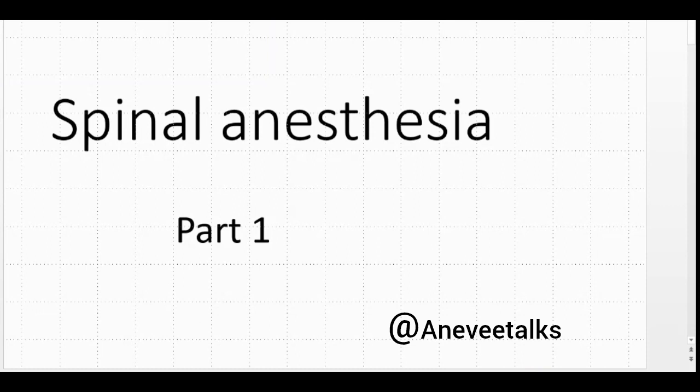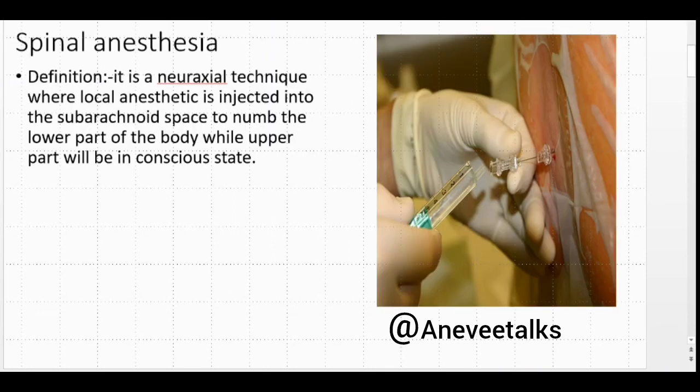So in the first part, part one, I'll just give the main points on spinal cord anatomy, then vertebrae anatomy. We will not waste any time. We will directly dive into the anatomical part of spinal anesthesia. You can see this picture.